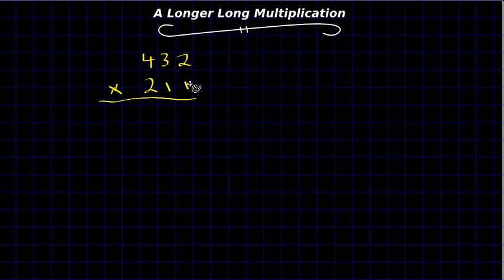So the method starts by picking apart the second factor here, picking apart individual digits. And then we start with the rightmost digit, the low order digit, and multiply that into the other factor digit by digit. So 1 times 2 is 2, put that there, and 1 times 3 is a 3, so put that there, 1 times 4 is 4. Now we move on to the second digit.